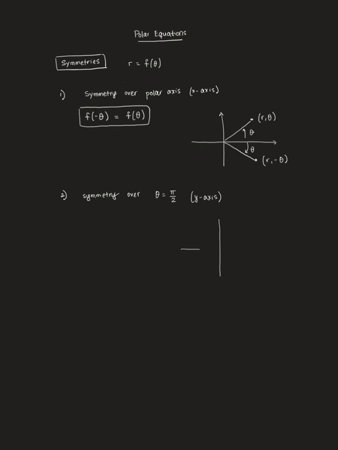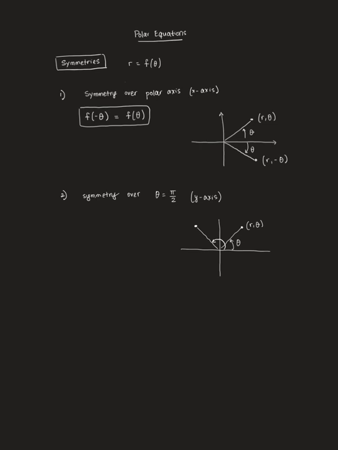Well, if we think about what we're looking for, that means if this is the point (r, theta), we want a point here to be on the graph also. And so if this is theta, then this angle here will be pi minus theta.